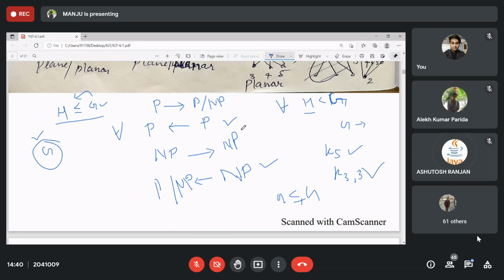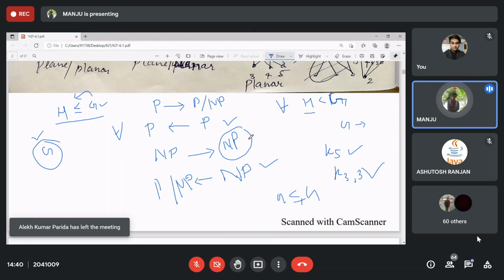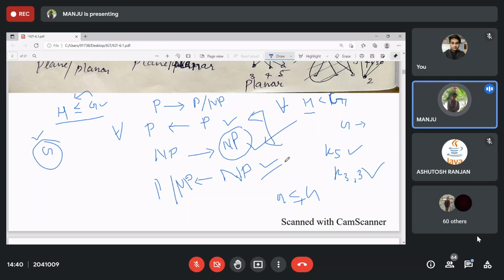Yes, ma'am. So here every supergraph means G is containing H. If H is given as non-planar, then its supergraph, like a superset, will also be non-planar, and every subgraph of a planar graph is planar. These two statements we are sure about, but not these ones, right?